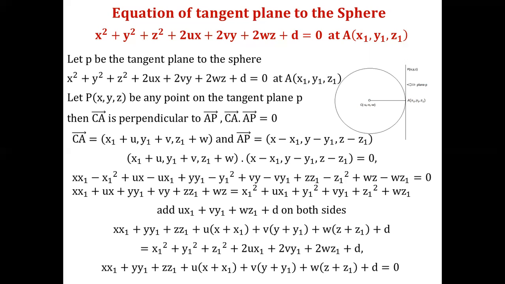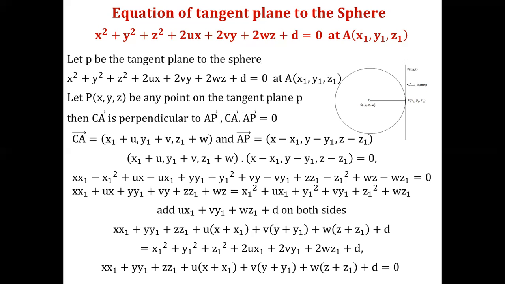Rearrange these terms so that it can be written as xx1 plus ux plus yy1 plus vy plus zz1 plus wz equal to x1 square plus ux1 plus y1 square plus vy1 plus z1 square plus wz1. Now add ux1 plus vy1 plus wz1 plus d on both sides of the above equation.